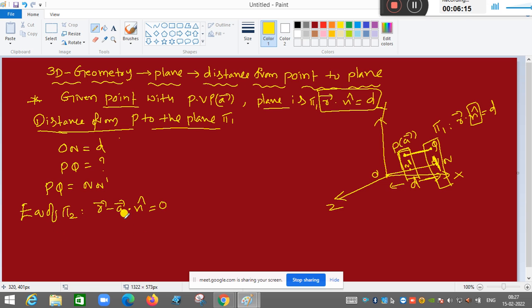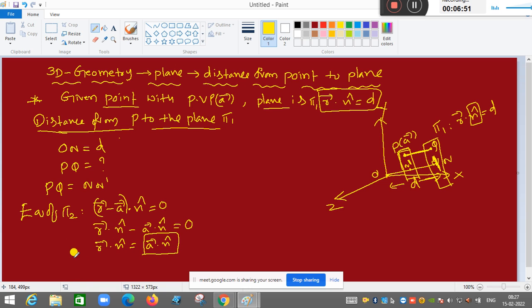For what purpose is this? Listen here. r bar dot n cap minus a bar dot n cap equal to 0, so r bar dot n cap equal to a bar dot n cap. What does this value represent? This is the perpendicular distance from the origin to the second plane.